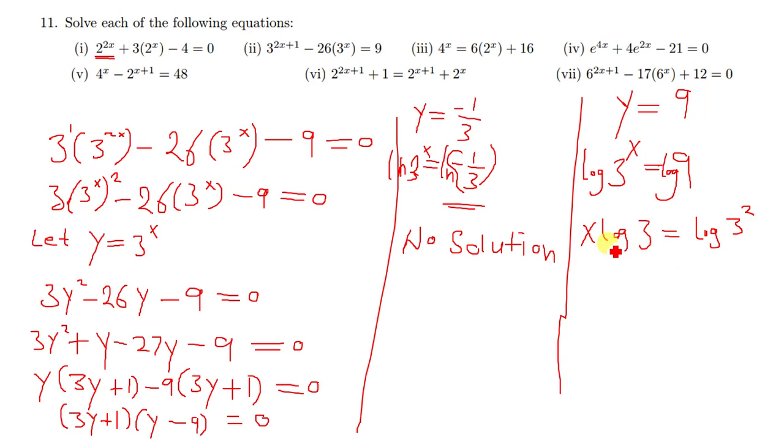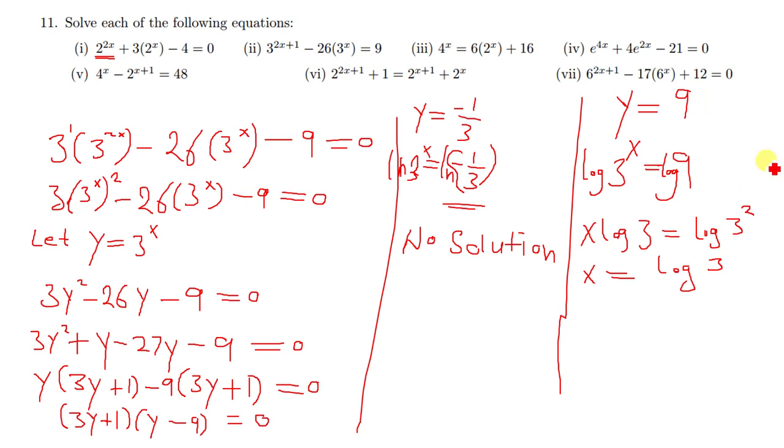So I'm going to have x being equal to the log of 3 to the power 2, or rather what I can do is I just want to simplify it as simple as possible.